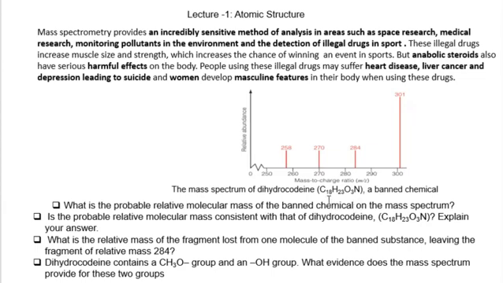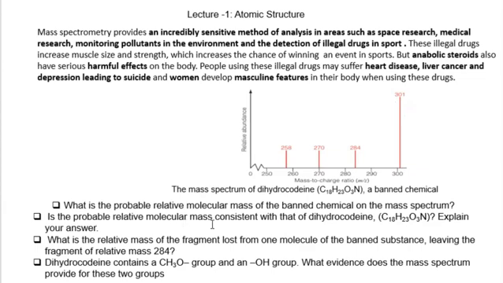We know the relative atomic mass of carbon is exactly 12, hydrogen 1, oxygen 16, and nitrogen 14. If we add these up, that means 18 carbons, 23 hydrogens, 3 oxygens, and 1 nitrogen, the value becomes 301. So we get a peak at 301. So the question was, what is the probable relative molecular mass of the banned chemical from the mass spectrum? We can see that in the mass spectrum, the probable one is 301.